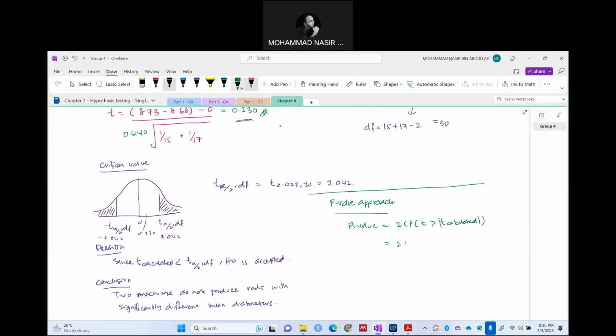So it should be 2 times probability of T with 30 degrees of freedom more than t calculated, which is 0.230, right?